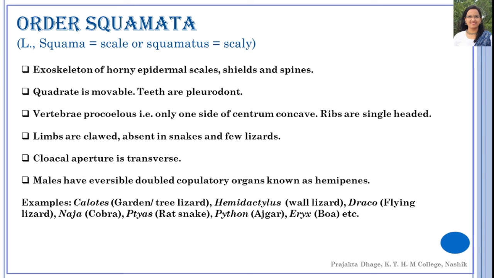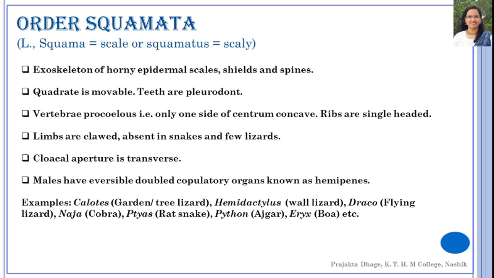Now exoskeleton of these organisms is made up of horny epidermal scales, shields and spines. The quadrate bone is movable. Teeth are pleurodont. Now vertebrae are procoelous, that is only one side of the centrum is concave. Ribs are going to be single-headed. Limbs will be clawed and absent in snakes and some lizards. Cloacal aperture is transverse.